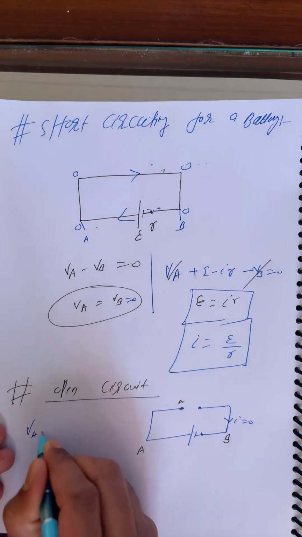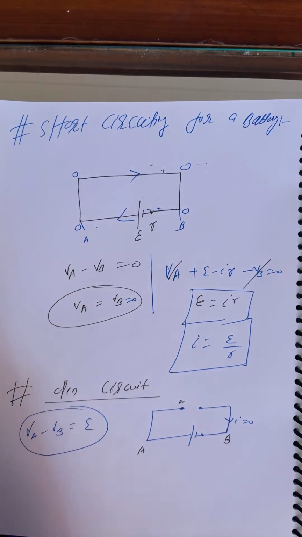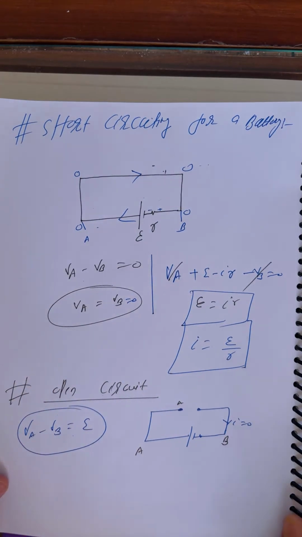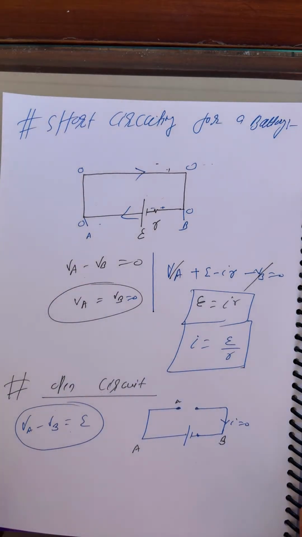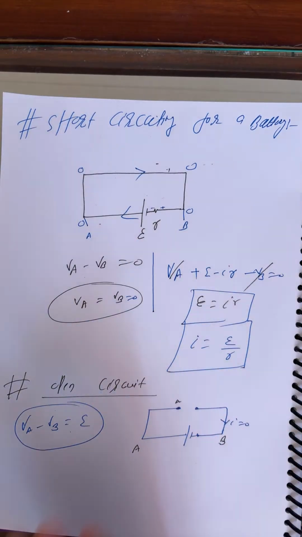So VA minus VB is nothing but E, the EMF of the cell. This is all about the basic point.